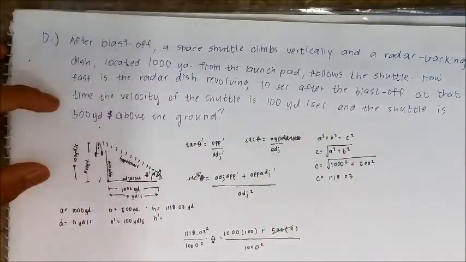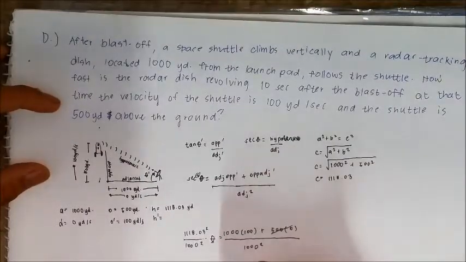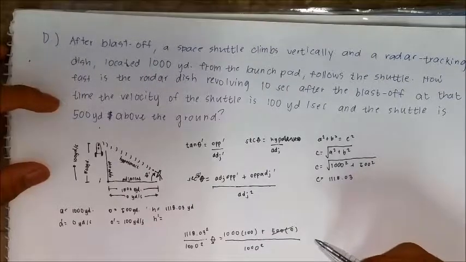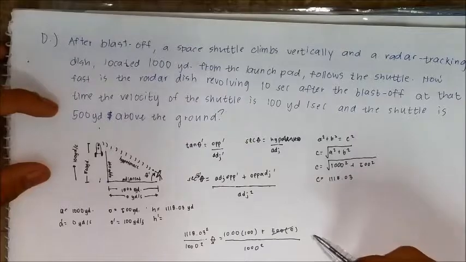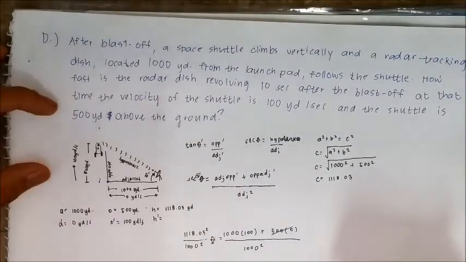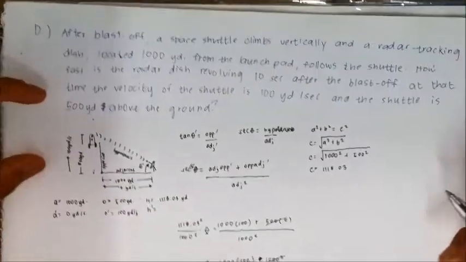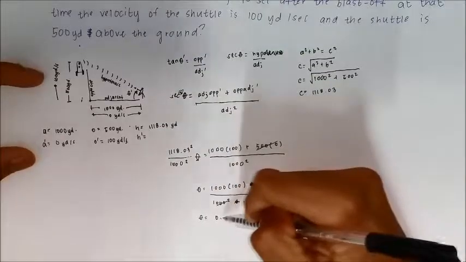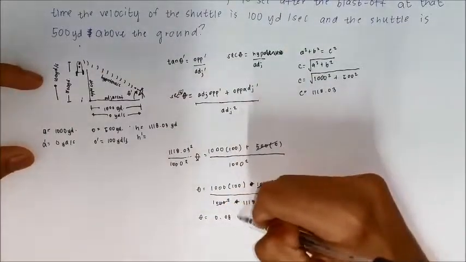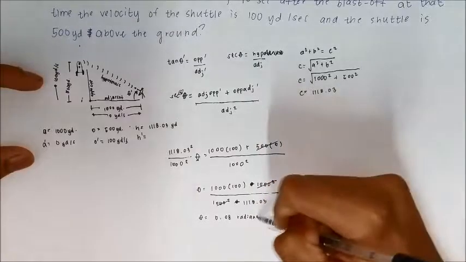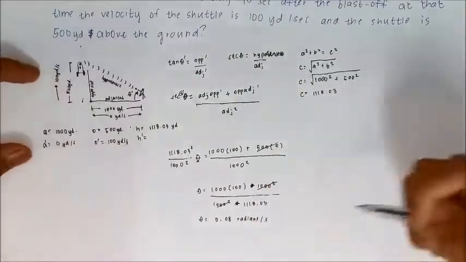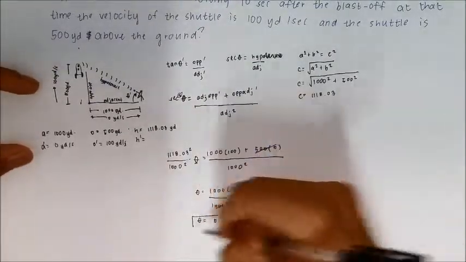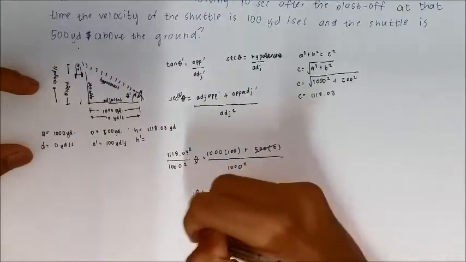So cancel this out. It will equal 1000 times 100, or 100,000, divided by 118.03. The answer is 0.08 radians per second. So we know this is the rate at which the angle changes.